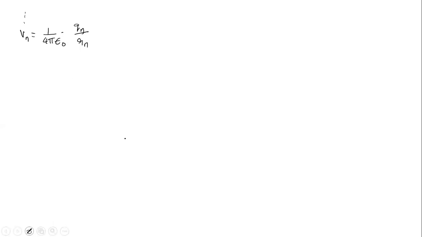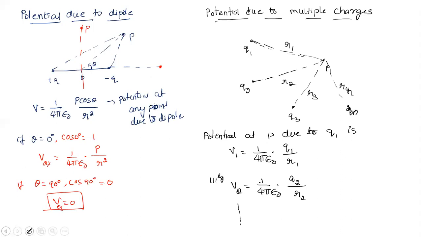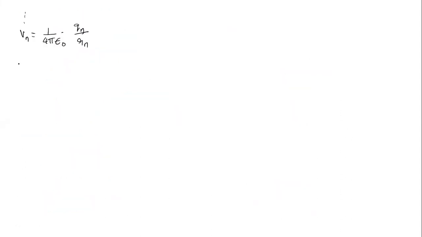Now look at these formulas. What is common in this? 1 by 4 pi epsilon naught is common in all the cases, right? So the total potential at P is given by V equal to V1 plus V2 plus V3 plus so on plus Vn.